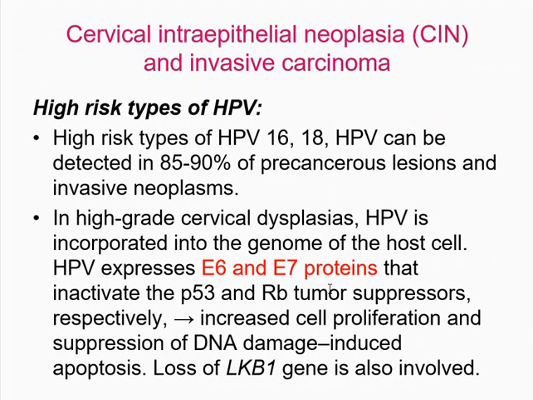We generally mention HPV 16 and 18 as high risk because these were the most common, but you have a number of other HPVs like 31, 33, 35 and others which are also high risk, so often associated with CIN and invasive carcinoma. These HPVs are detected in 85 to 90% of precancerous lesions or invasive neoplasms.